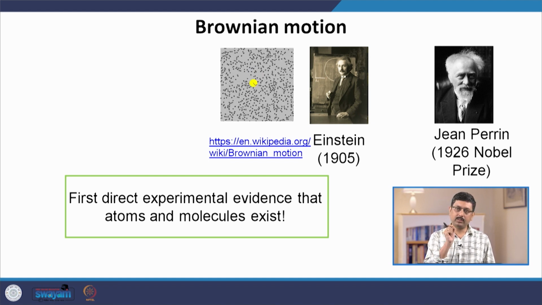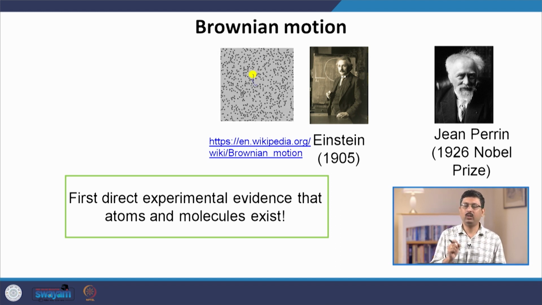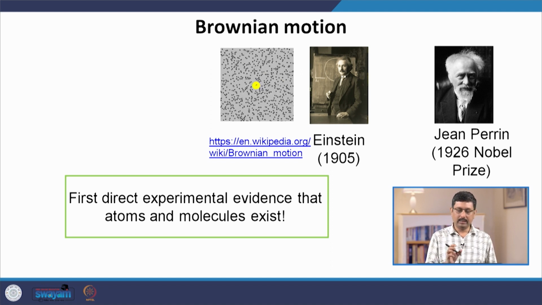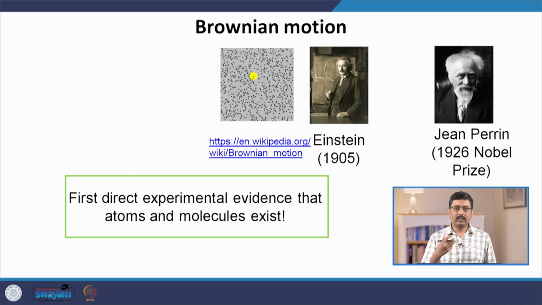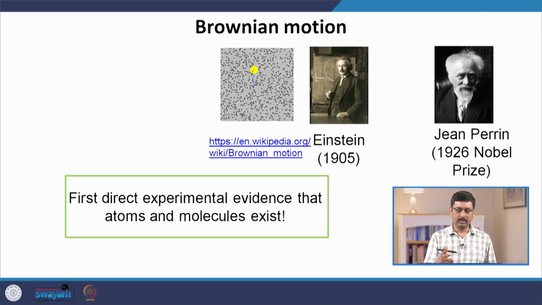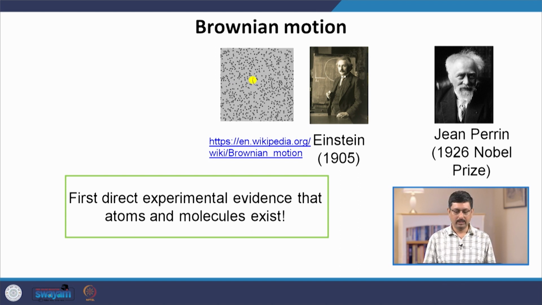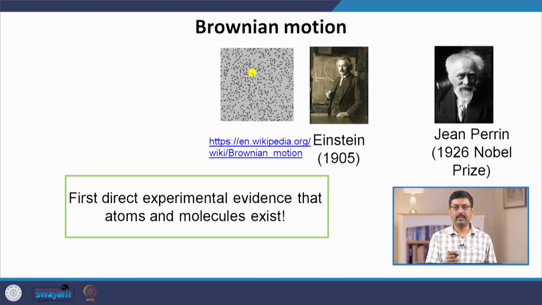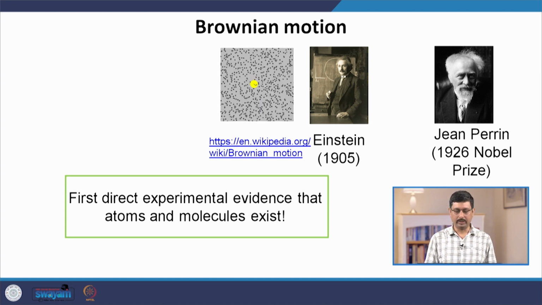These are small particles, so we cannot observe them directly with our naked eye, not even under a microscope. The only thing we observe is the trajectory of the movement of the sphere. Einstein imagined that these fluid molecules are continuously hitting this yellow sphere, and that is why we see it doing this kind of erratic, apparently random movement in the fluid.